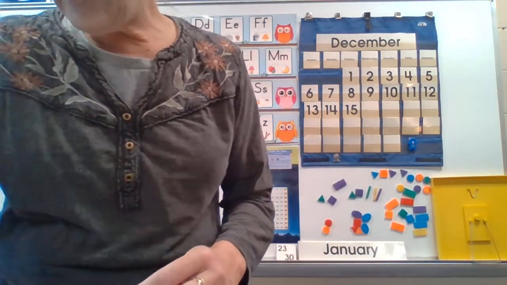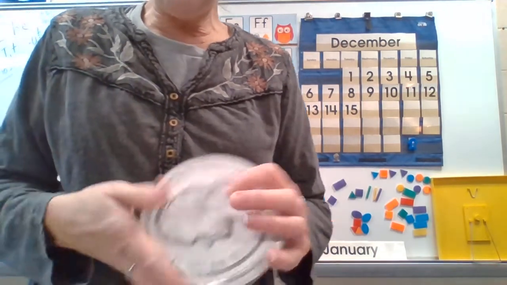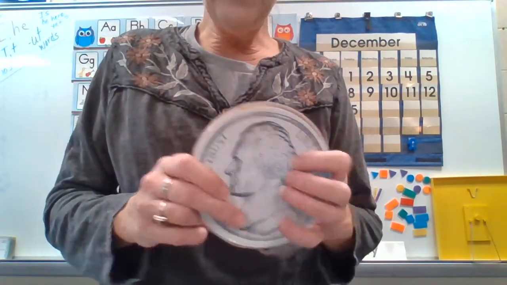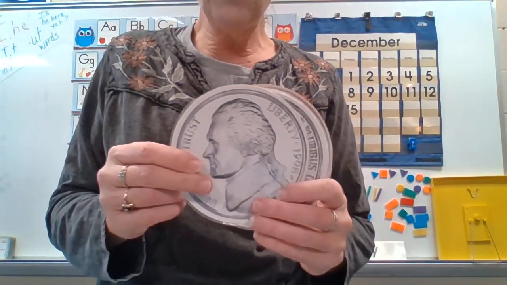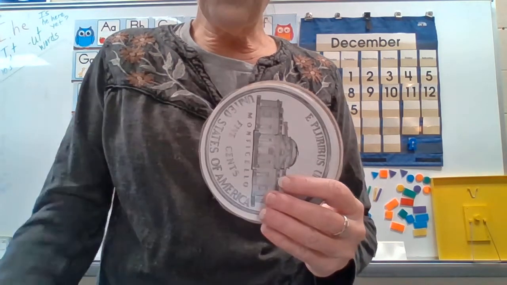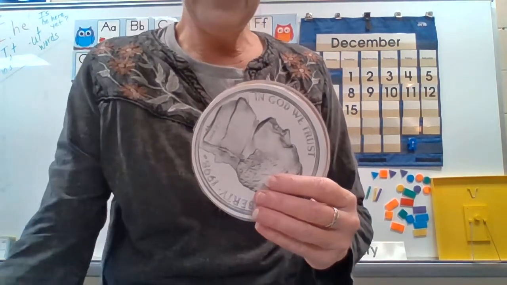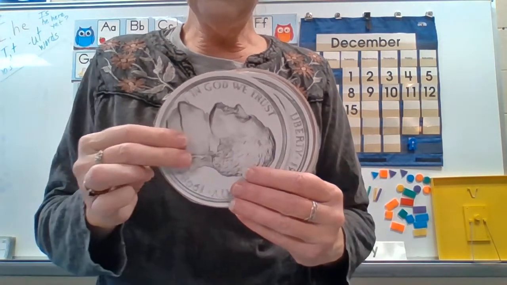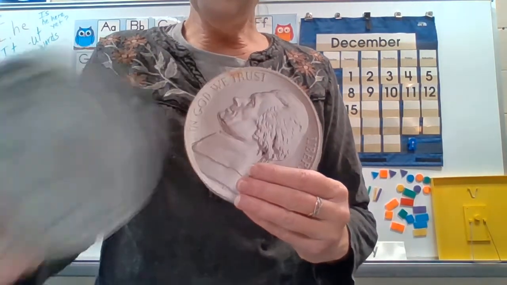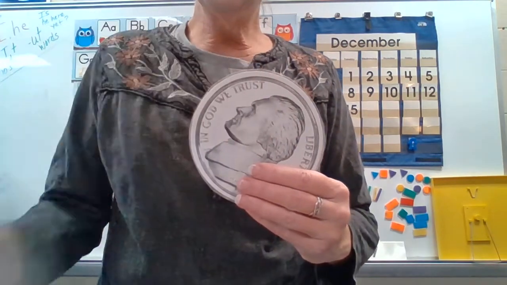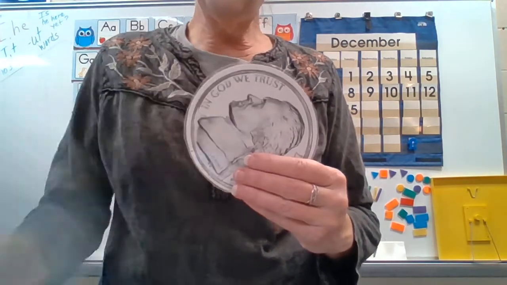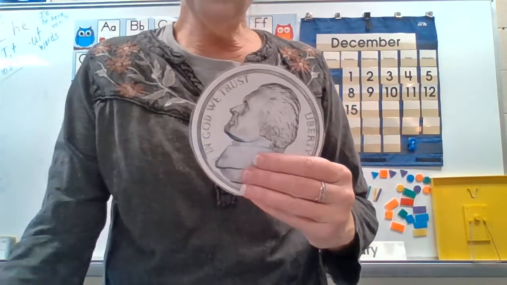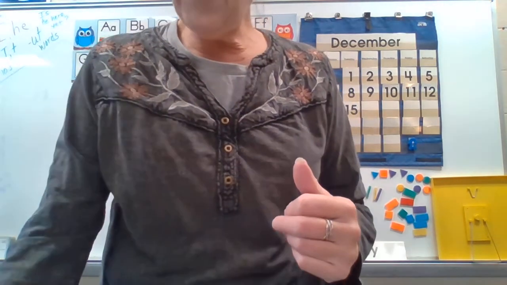So let's see if we can count our nickels by 5s together. All right, and then we'll figure out how much money that is. You ready? 5, 10, 15, 20, 25, 30, 35, 40, 45, 50.